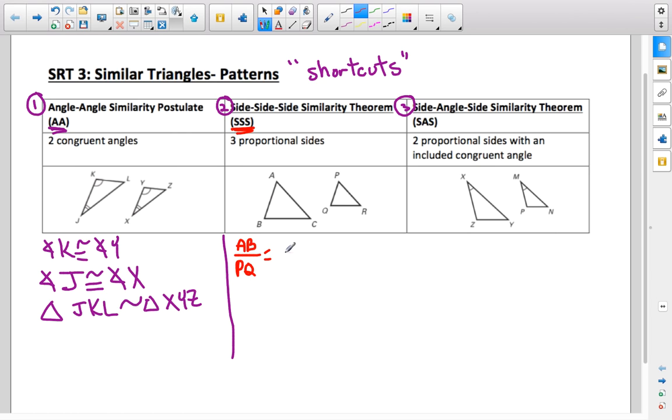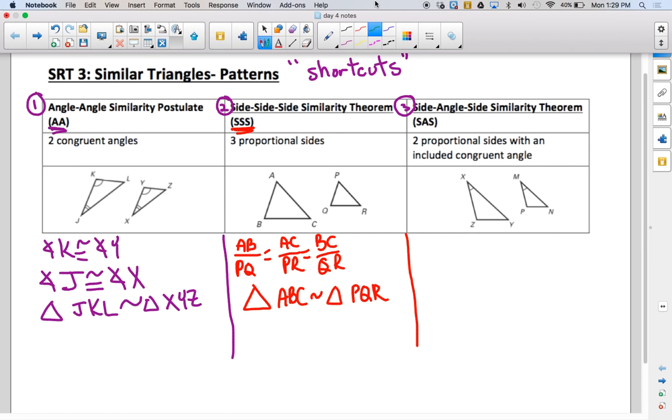So if that fraction equals the fraction of AC over PR, and that fraction equals the ratio of BC over QR, if when I reduce all three of these fractions I get the same number, then I know by side, side, side the sides are proportionate. So they compare to each other by the same factor. So in this case, we have triangle ABC would be similar to triangle PQR.